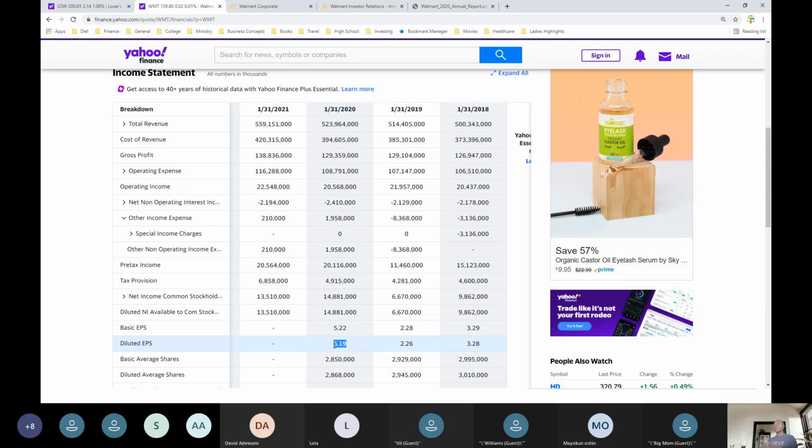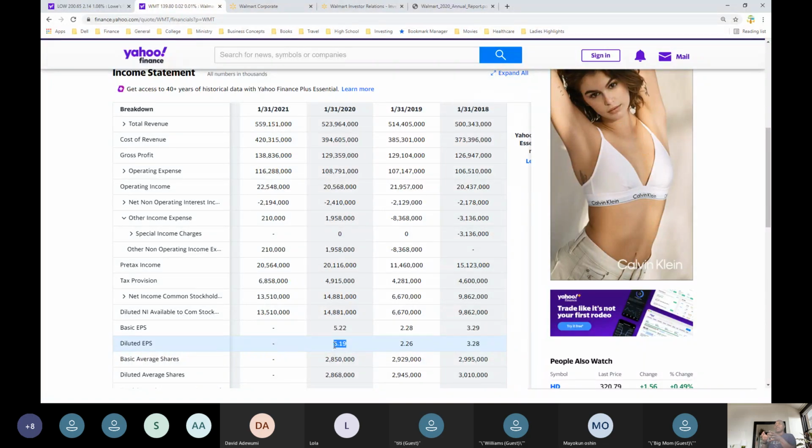If a company's price to earnings ratio is 10, and another company's price to earnings ratio is 20 in the same industry, that means for every $10 that I invest here, I will make $1, whereas for the other company, for me to make $1, I have to invest $20.